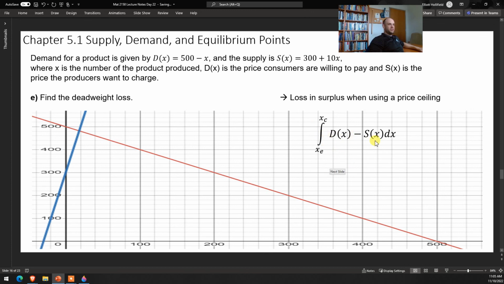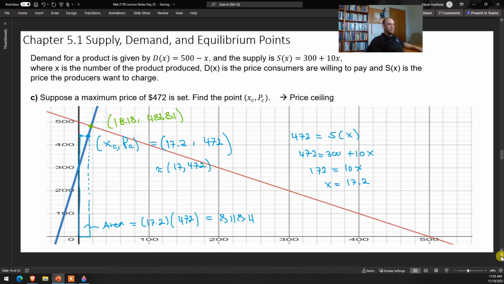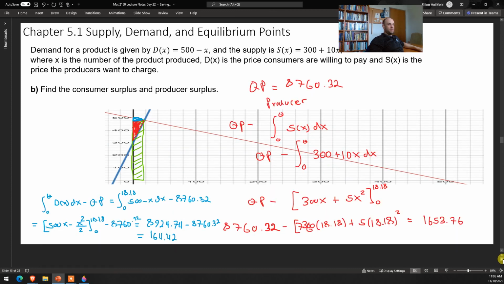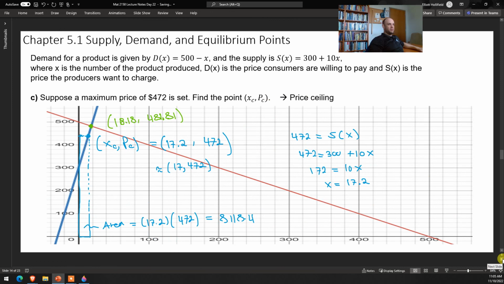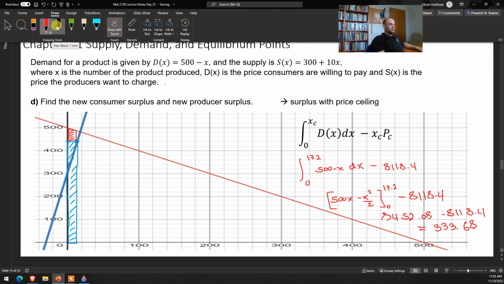Here is our adjusted formula. Uh-oh, skipped one. Oh, go back. No, we didn't skip a slide. There's our consumer surplus. Now let's find our producer surplus.